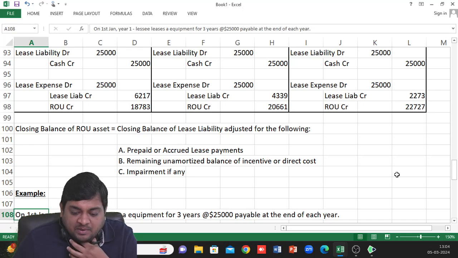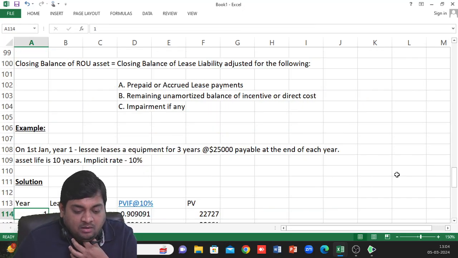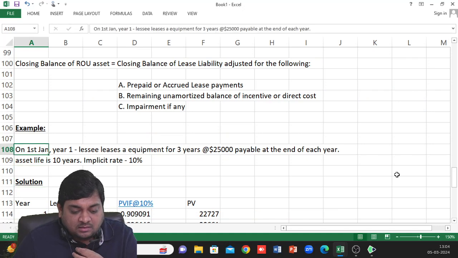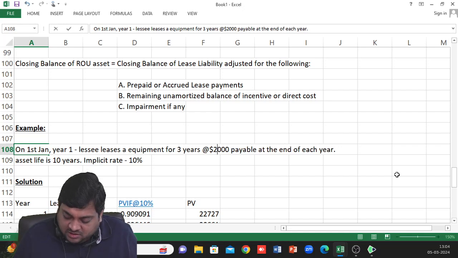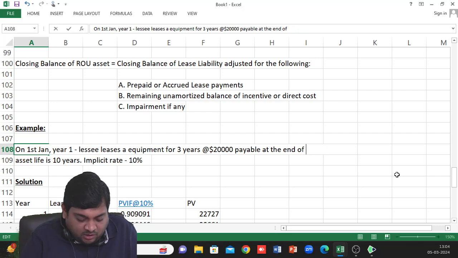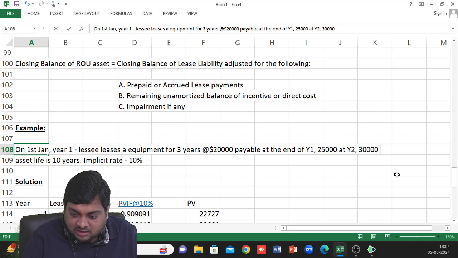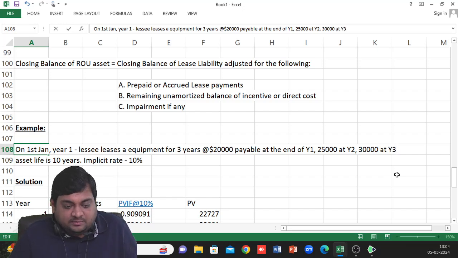This is another example. Now out here the point is it is 20,000 at the end of Y1, 25,000 at Y2, 30,000 at Y3.